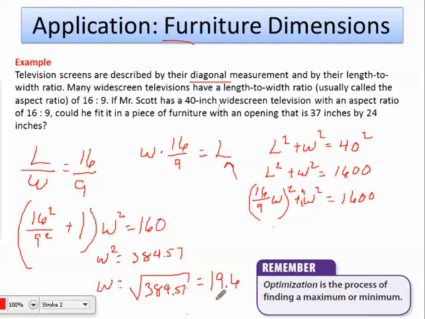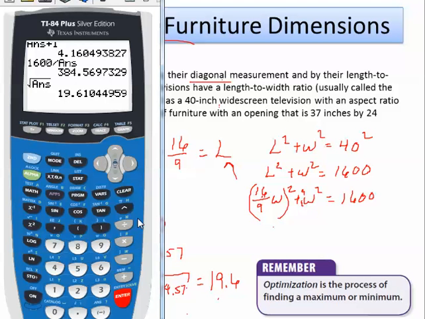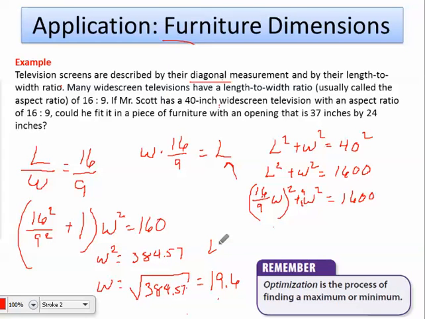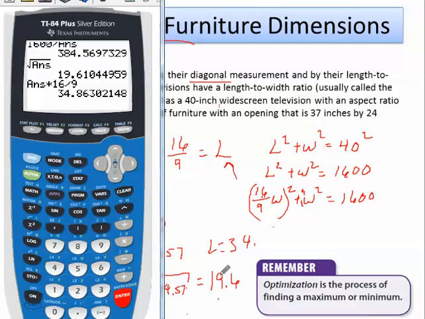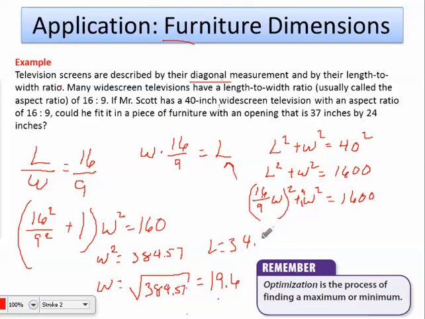We can figure out the length by multiplying by 16 and dividing by 9, because it's a 16 to 9 ratio, and my length is going to be 34.9. Okay? Would this fit in a 37 by 24 cabinet? Well, 37 is less than 34. 19 is less than 24.